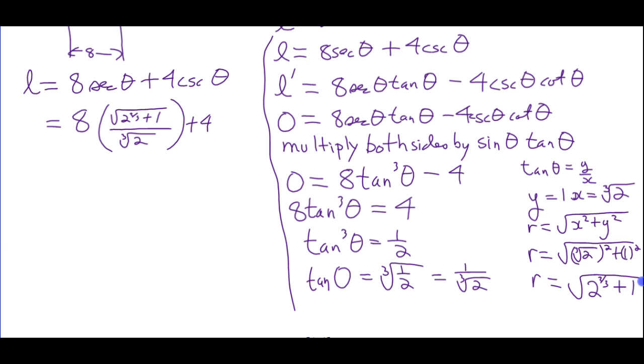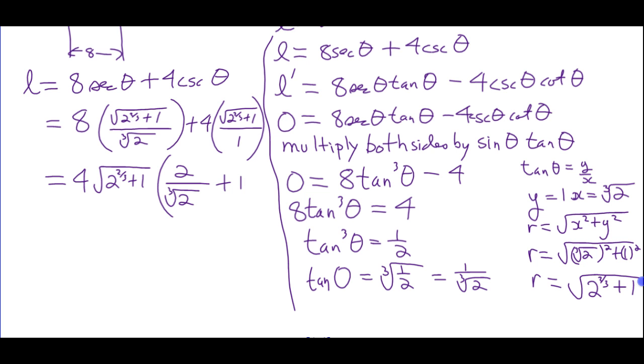And cosecant is 1 over sine, and sine is y over r, so cosecant is r over y. So r, 2 to the 2/3 plus 1, and y is 1. So, well, 4 goes into 8 and 4. This guy is common to both terms, right? So we're going to get a 2 over the cube root of 2 plus 1. So there's the length of your ladder.